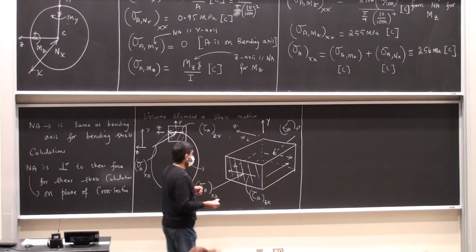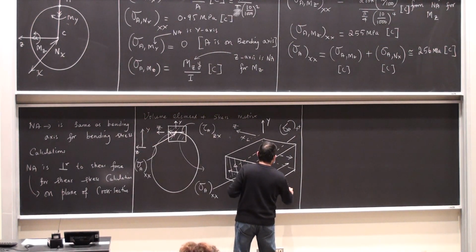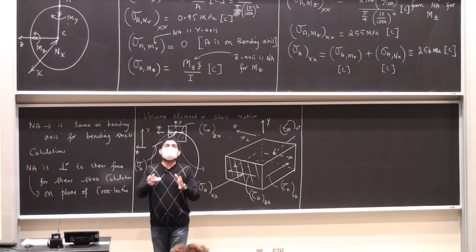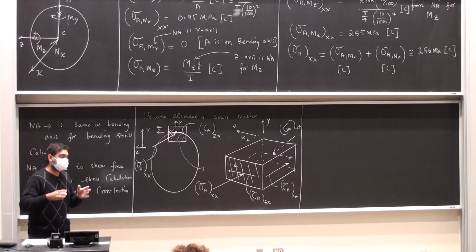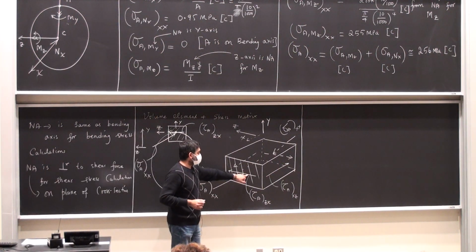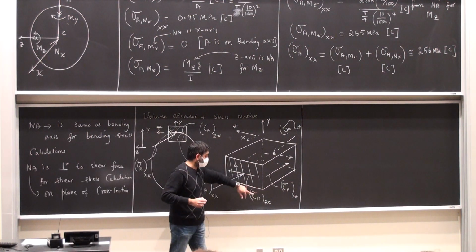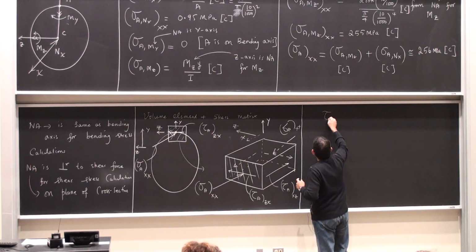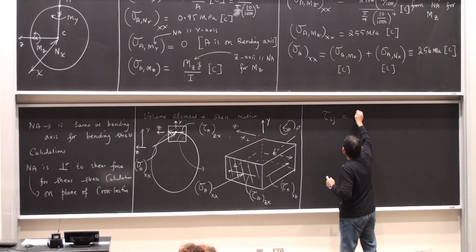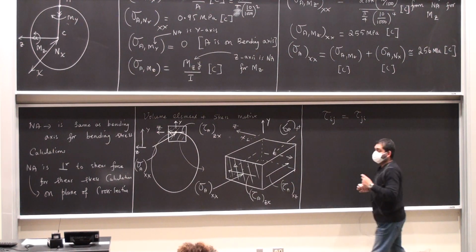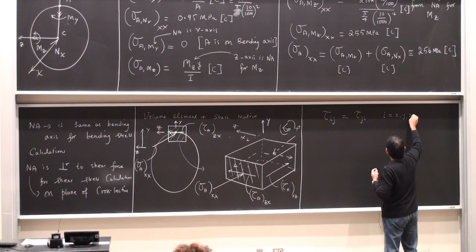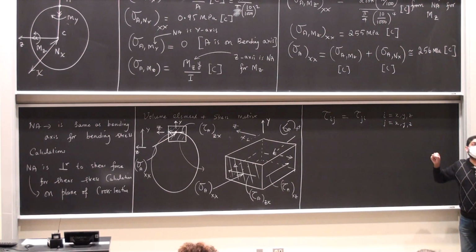And if you want, you can write out these arrows as tau A x to z. It is completely unnecessary because last time we decided that the magnitude of this guy is the same as the magnitude of that guy, so there is no need to switch the indices. So if you have a shear stress, tau ij is the same as tau ji, where i can be x, y, and z, j can be x, y, and z, and i is not equal to j.